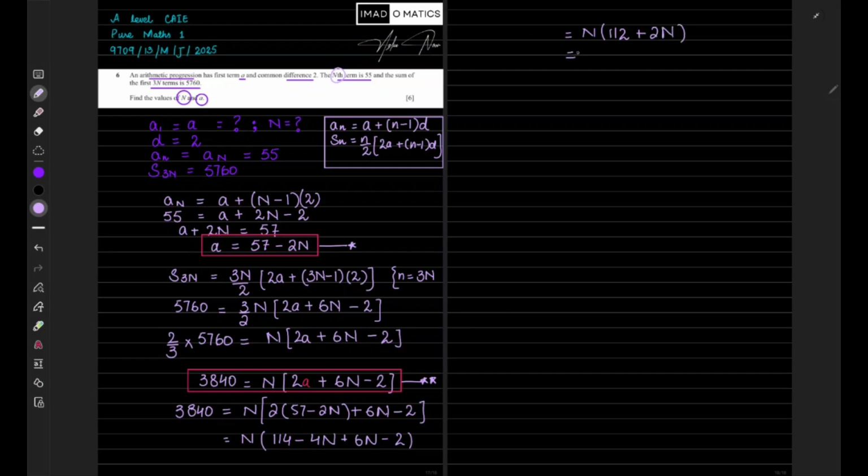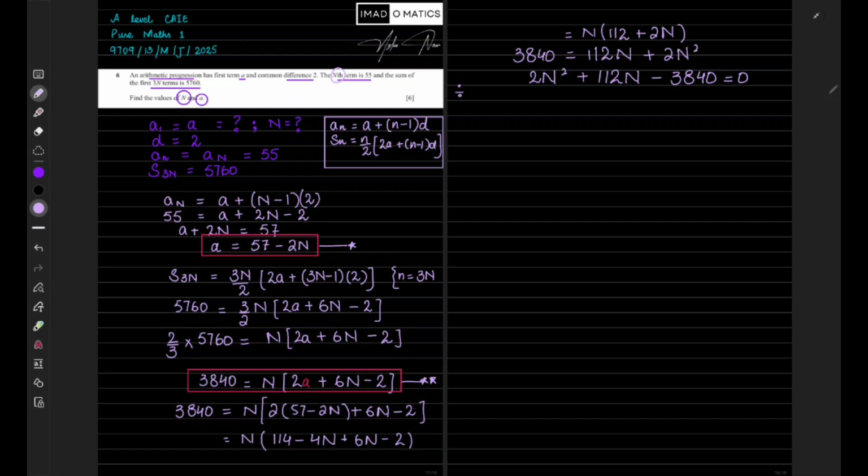Now taking this n inside the bracket, so it becomes 112n plus 2n squared, and that is equal to 3840. Now rearranging this, it becomes 2n squared plus 112n minus 3840, and we can clearly see we can simplify it further by dividing it by 2.